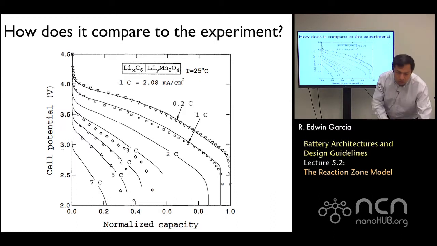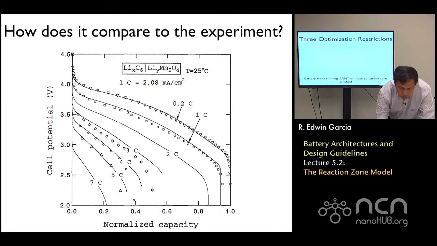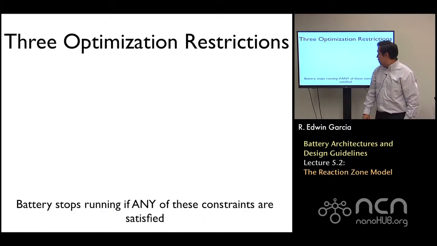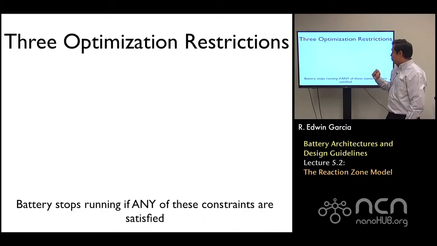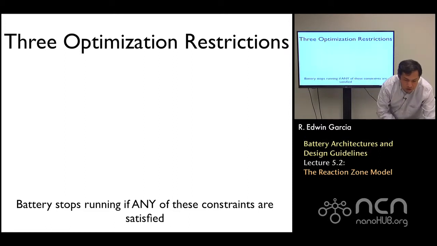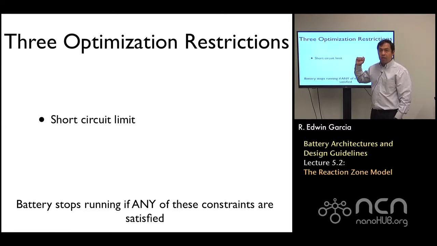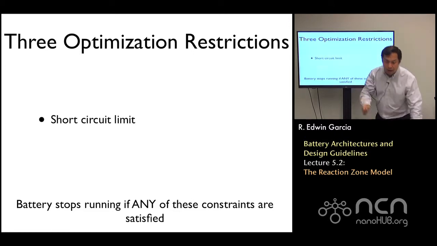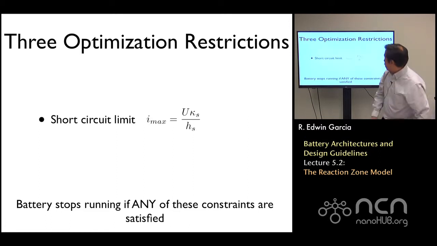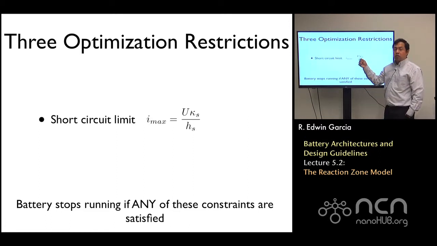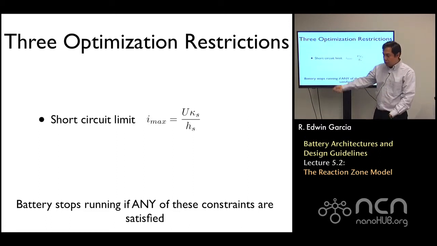Now, there are several restrictions as to how the battery will perform. The battery will stop running if any of these constraints are satisfied. First, if we reach the short circuit limit, basically if we apply a current that is greater than the current occurring in the cell when all the losses occur because I took one extreme of the cell and connected it to the other one.